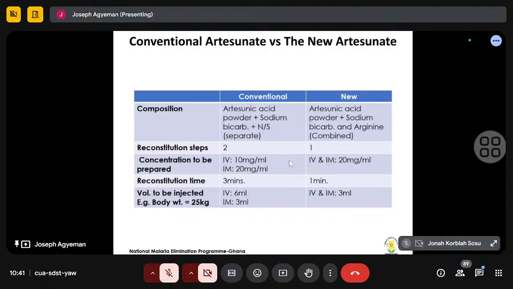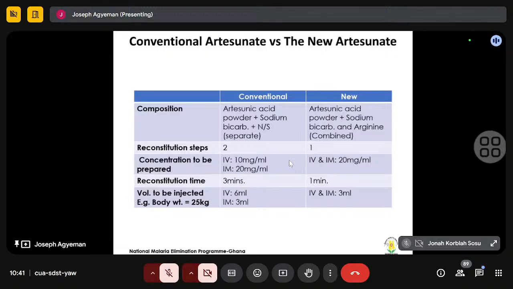Now, for the existing one, you realize you have different concentrations to be prepared based on the route of administration. If you are going per IV, you are doing 10 milligrams per ml. If you are going per IM, you are doing 20. This can create confusion.